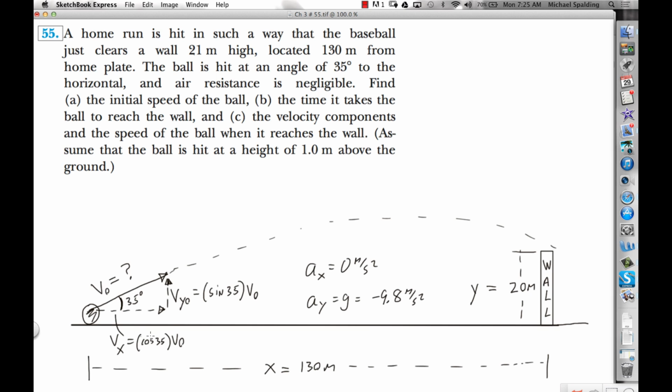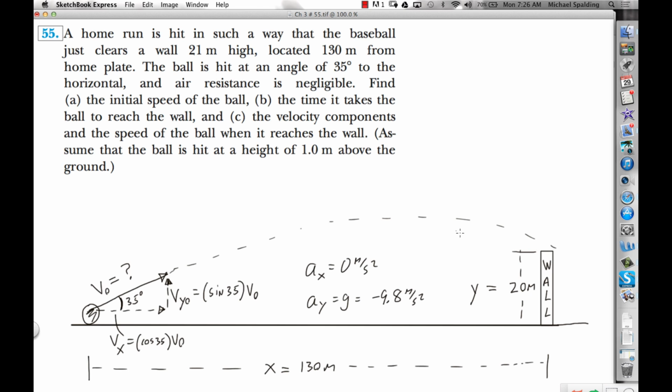So I broke that initial velocity into x component and y component. Vy initial is sine 35 v initial. Vx is cosine 35 v initial. We know the acceleration in x and y. There is no acceleration in x, and acceleration in the y is down, negative 9.8.